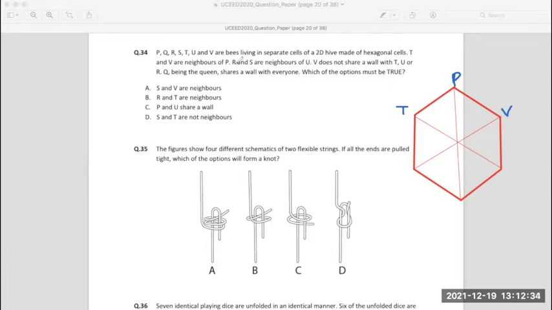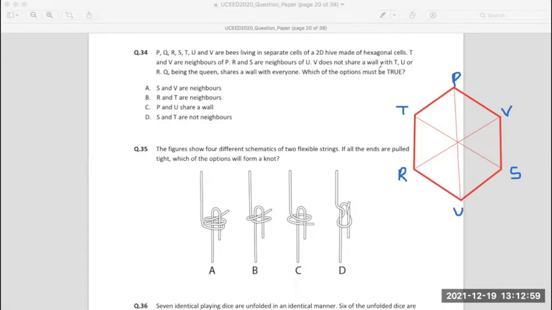Next condition. R and S are neighbors of U. So there is R and there is S, who are neighbors of U. Okay, let's place U here, and R here, and S here.